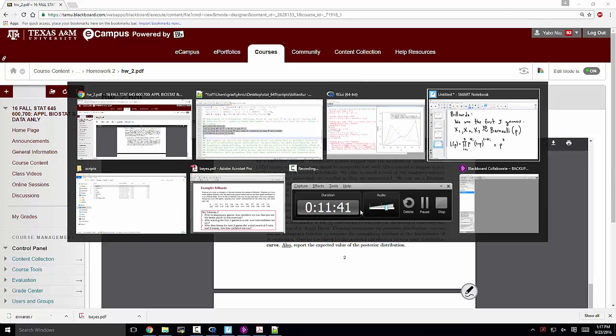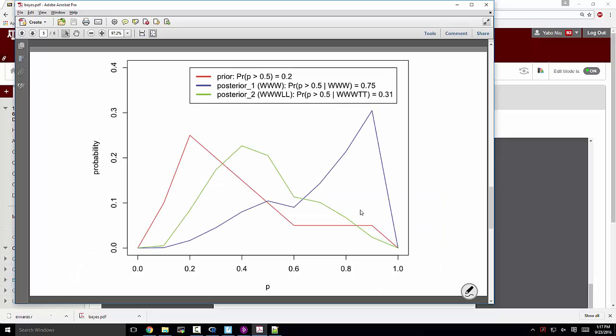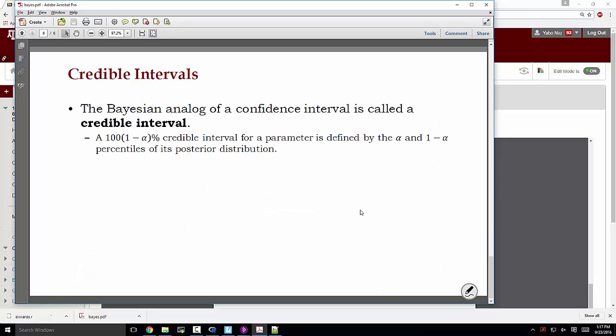Let me go back to the slides for a second. Here's the picture that we made. When it comes time to doing actual inference on the basis of a Bayesian approach, there are a couple of techniques that are analogous to the frequentist techniques of confidence intervals and p-values. Specifically, if you want an interval estimate, we call them credible intervals instead of confidence intervals. That's just to specify this is from a Bayesian paradigm.